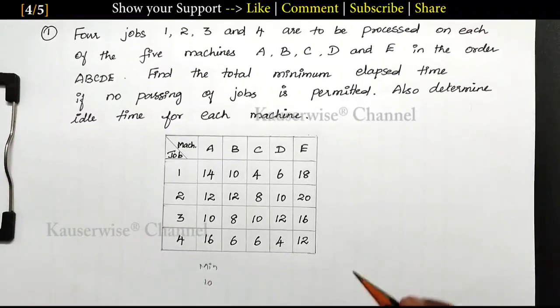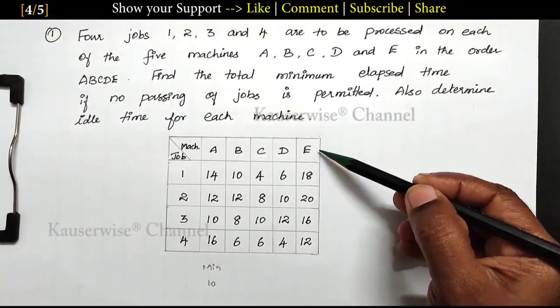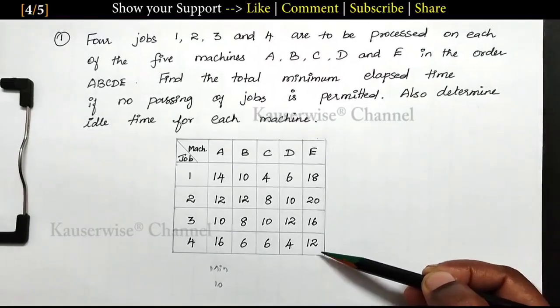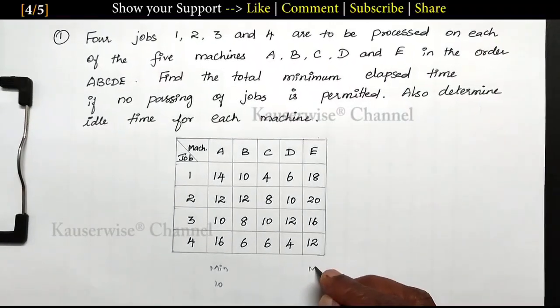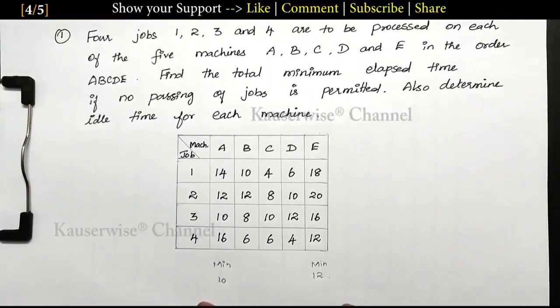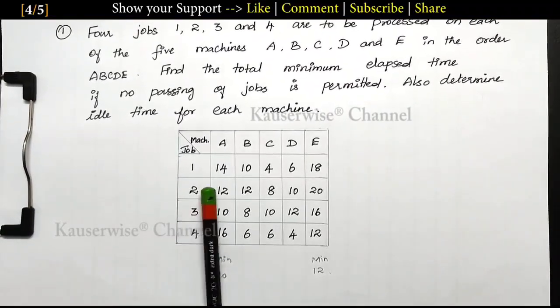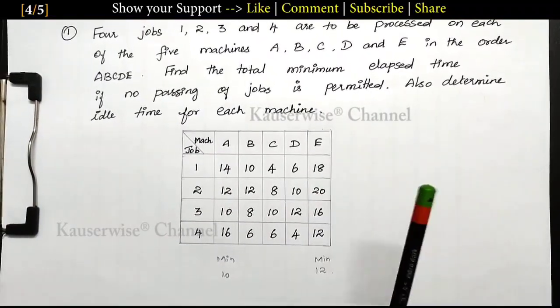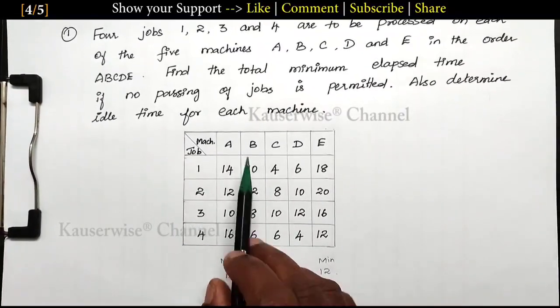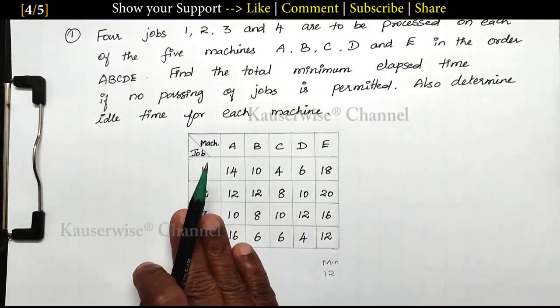In the same way, find out the minimum duration for the last machine. Here the last machine is E. Okay, so the minimum duration is 12. Okay, see, after finding the minimum duration of first machine and last machine, now we need to find out the maximum duration on the machines in between first and last.